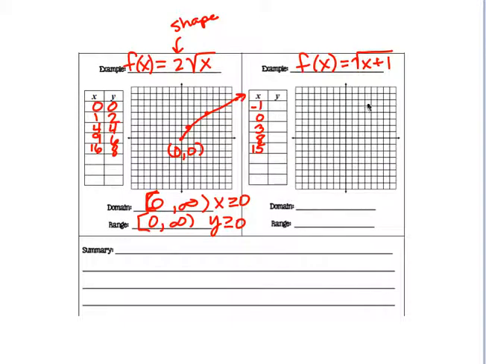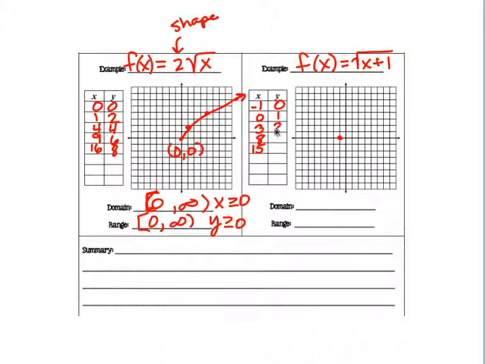For the next one, our square root function here, you plug in a -1. The reason I started with -1 is because I knew -1 plus 1 was 0, and the square root of 0 is 0. So this graph is actually going to start over here. If you plug in a 0, you will get a 1. If you plug in a 3, you're going to get 2.